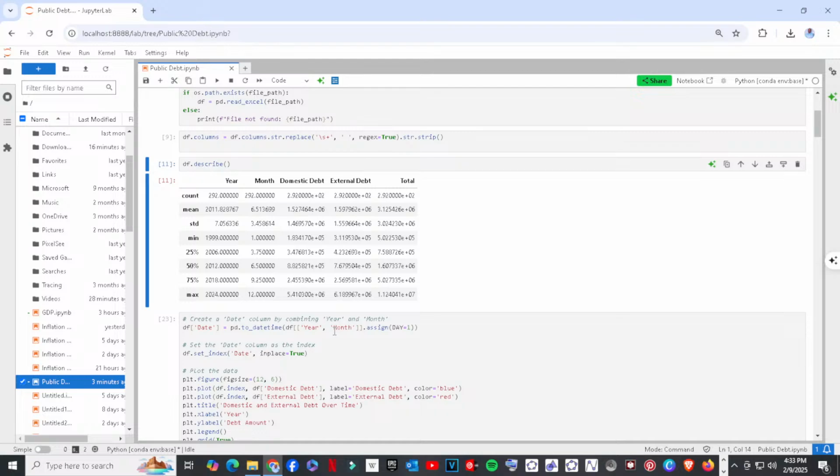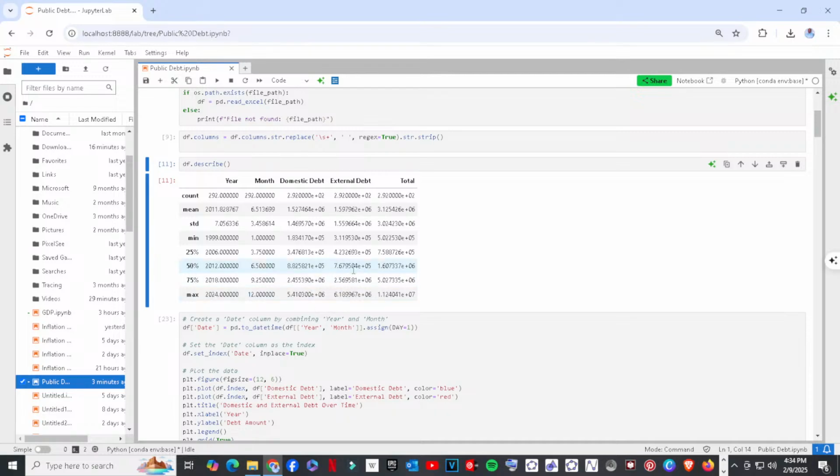And total debt's range is between 502 million and about 11.24 trillion. High standard deviations indicate significant fluctuations in debt levels over time.